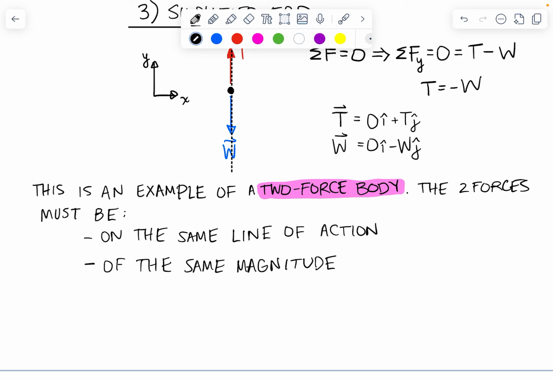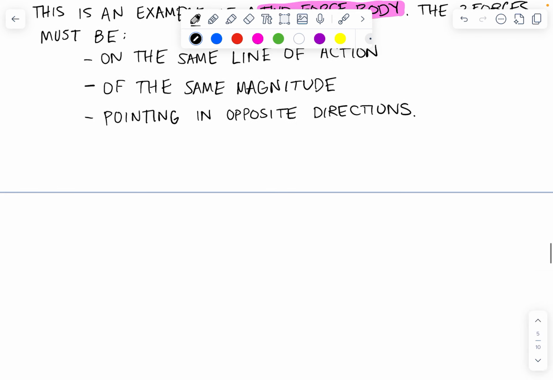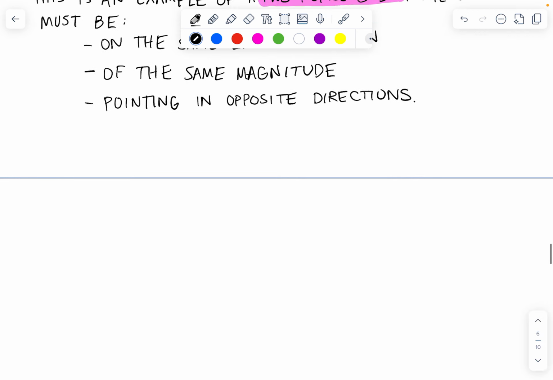And that's something that probably you have worked out intuitively, but it's helpful to write this out for when we get to more complicated examples. And then the two forces must also be pointing in opposite directions, right, in order to cancel each other out. Okay, so keep that in mind.